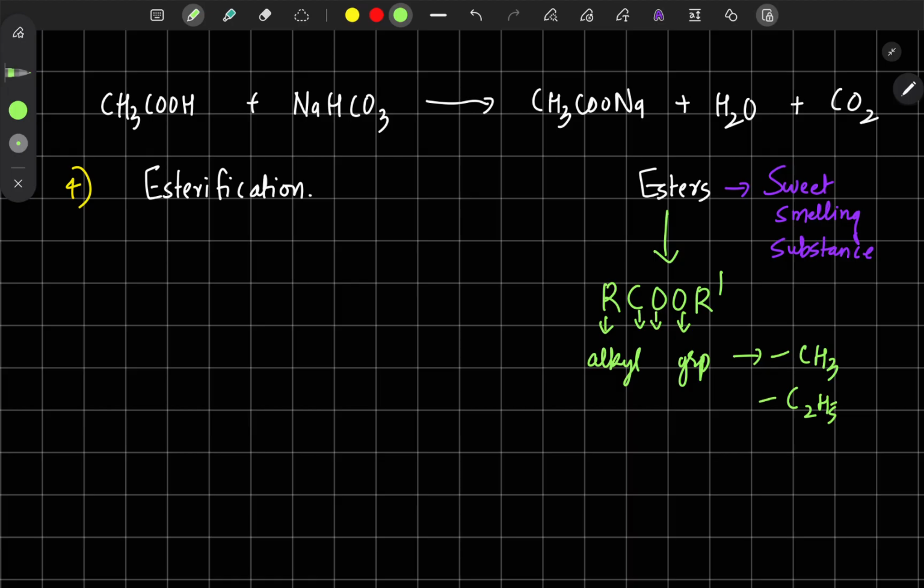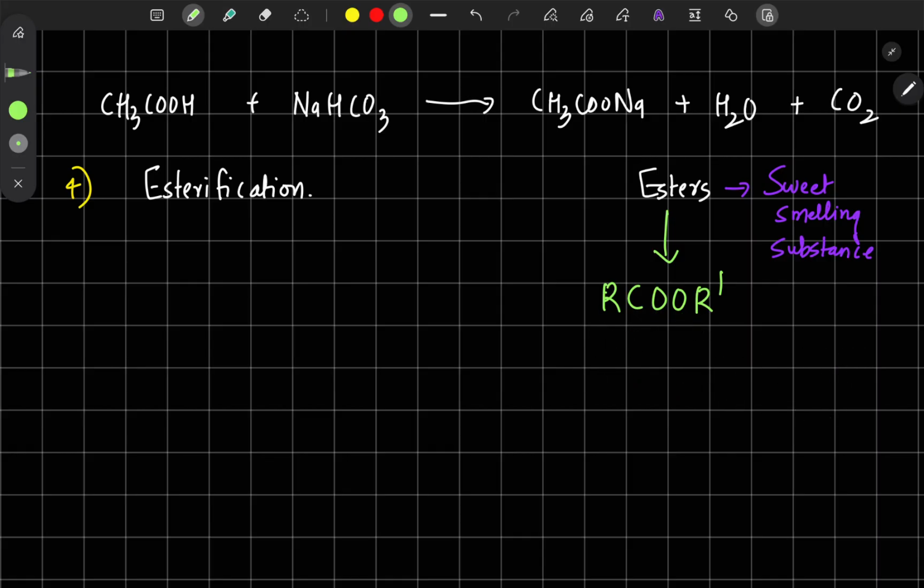These groups are called alkyl groups. So here it is R, this is R dash. This dash is because sometimes an ester will have two different types of alkyl groups, and all these are called alkyl groups. So this is the general formula.